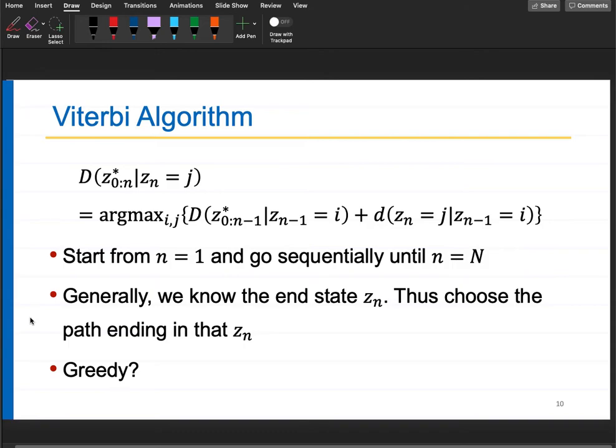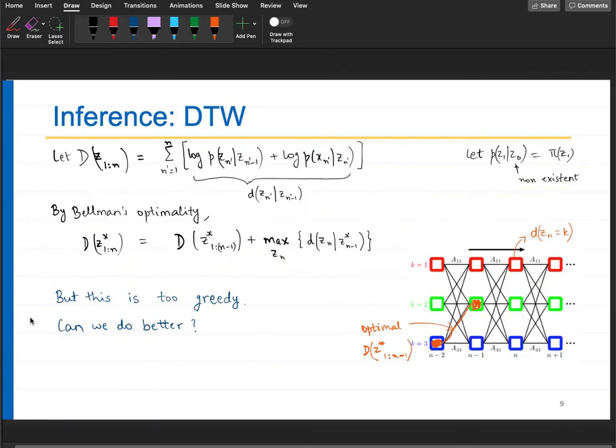Okay. Is this approach greedy, or is this globally optimal? Is this globally optimal, or is this also somewhat greedy? Optimal? Okay. So, see, what we are considering here, how many paths are possible?